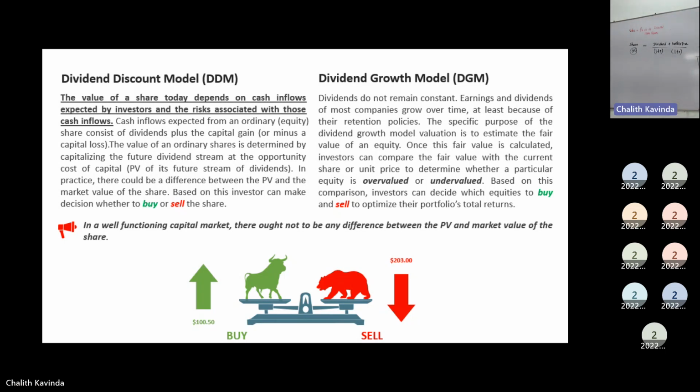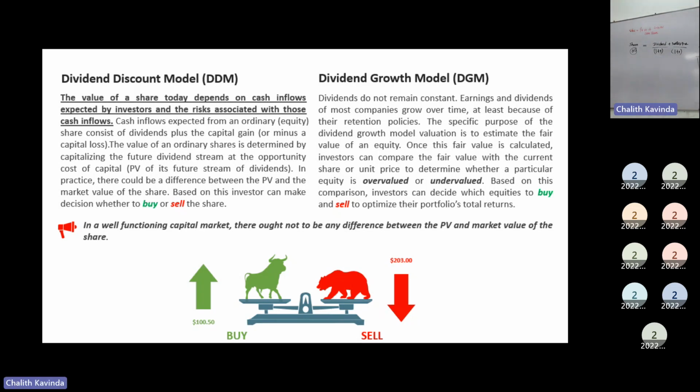The value of the ordinary share is determined by capitalizing the future dividend stream at the opportunity cost of capital. Capitalizing means discounting. You are discounting your future dividends at the cost of capital rate, which is simply the present value of its future dividends.